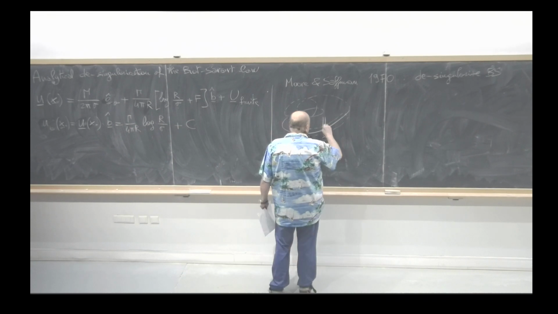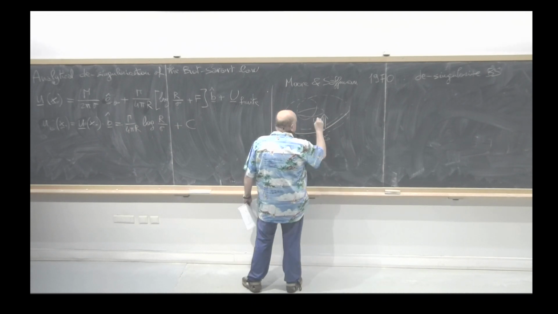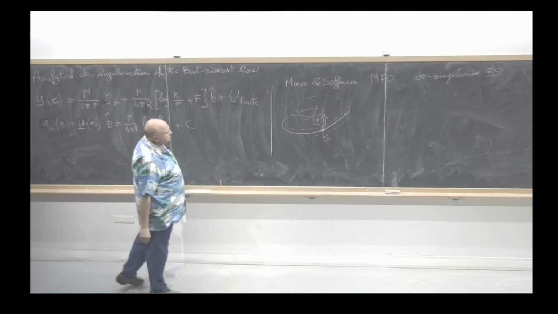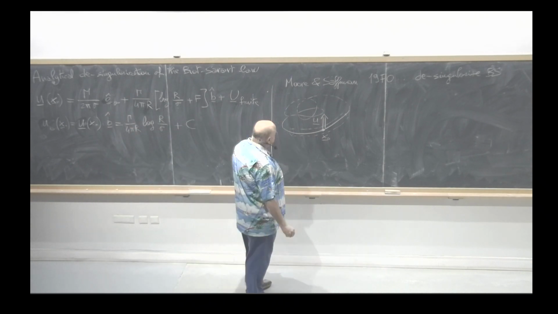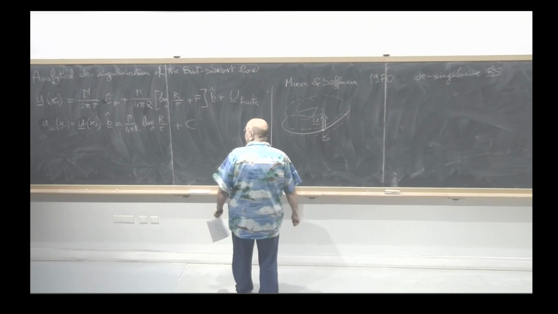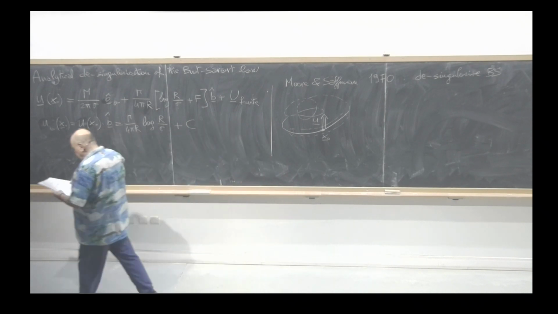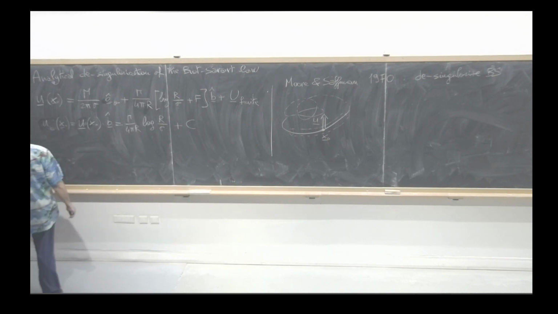So imagine that we want to compute the velocity, say u, with which this point moves. And the idea of Moore and Saffman is quite clever. So first of all, remember that we know the velocity of a vortex ring, because I just gave it to you yesterday.